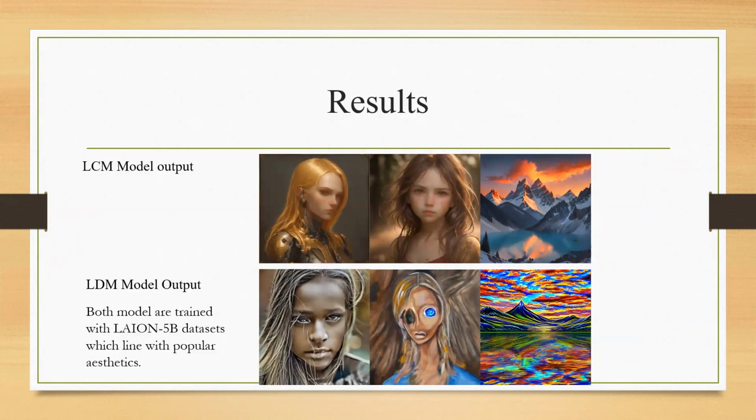As to the results, I compared the 2 outputs. The first set is from the LCM model, and the second set is from the LDM model. Notice that both models are trained with the LAION-5B dataset, which aligns with particular and popular aesthetics.